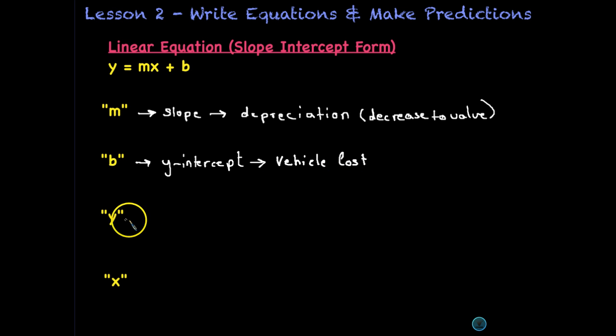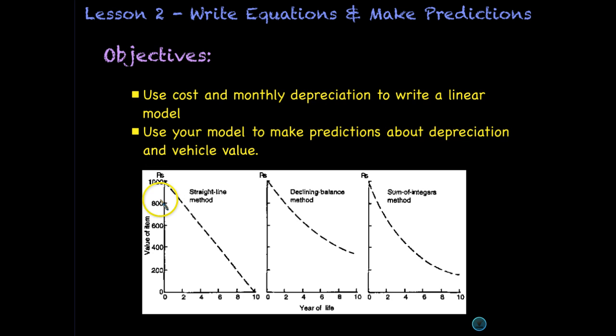Okay, now let's look at y and x. If we think about our graph, this is our y-axis, this is our x-axis. What does x represent? And down here you can see that it says year of life. So this represents our useful life, the years. What does our y represent? And here it says the value of the item. As we know, we just stated the y-intercept was the initial cost. So our y values represent the cost of our item. The y value is the cost of our item. And the x-axis is the year of life, or the useful life, or years.